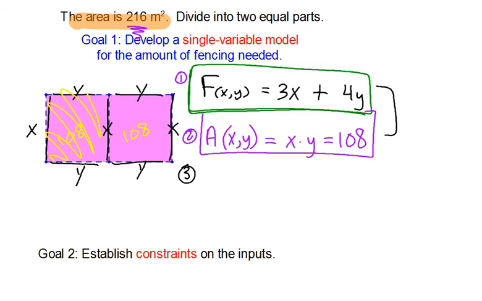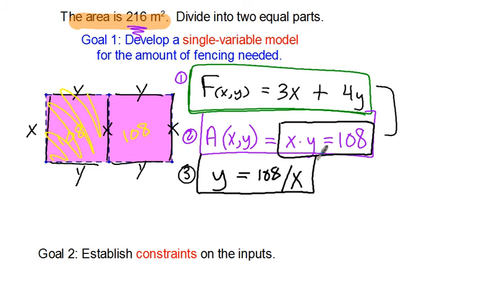Great. All right, the way to do that is to just operate on this guy right here. Okay, let's eliminate one of the variables. We can express y as a function of x by dividing both sides by x. Or I could have done it the opposite way, express x as a function of y by dividing by y. Your choice.